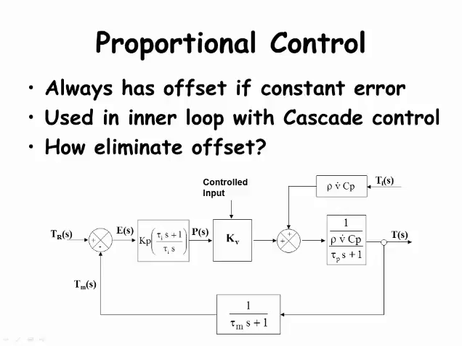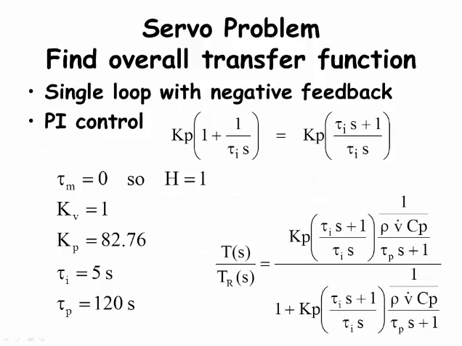In the block diagram, it is a simple matter of changing the transfer function in the controller element. So if we keep the previous assumptions that tau m equals 0, so that the sensor and feedback element transfer function h equals 1, that the gain of the actuator kV equals 1, and that the proportional gain Kp equals 82.76, and that tau p equals 120 seconds, and assume that tau I is 5 seconds, we can substitute the values into the new servo problem transfer function shown in the lower right corner.